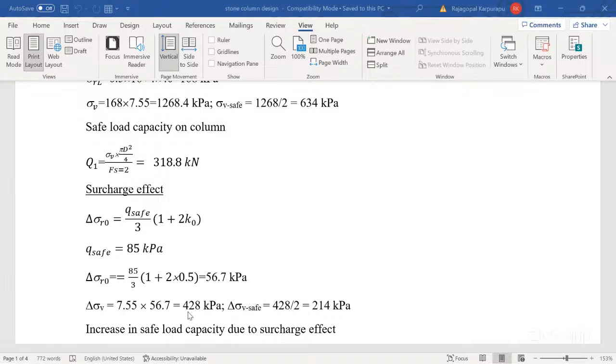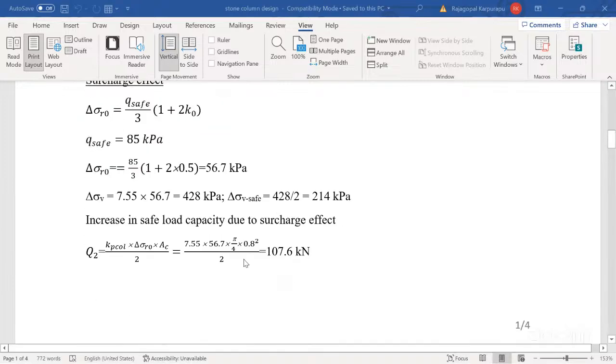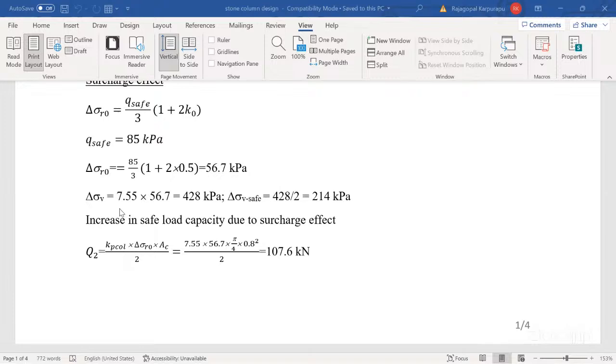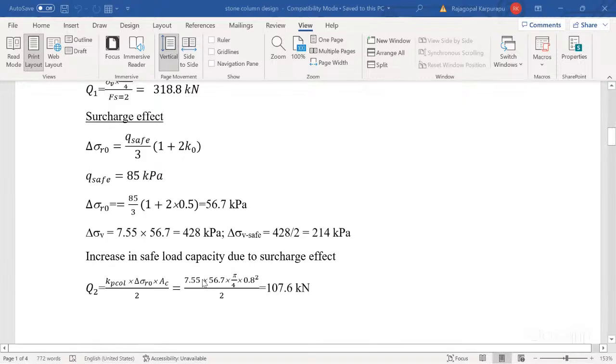So this is 428, and then with a factor of safety of 2, that is 214. And then due to the surcharge effect, sir, delta sigma V safe should always be 50% of delta sigma V?